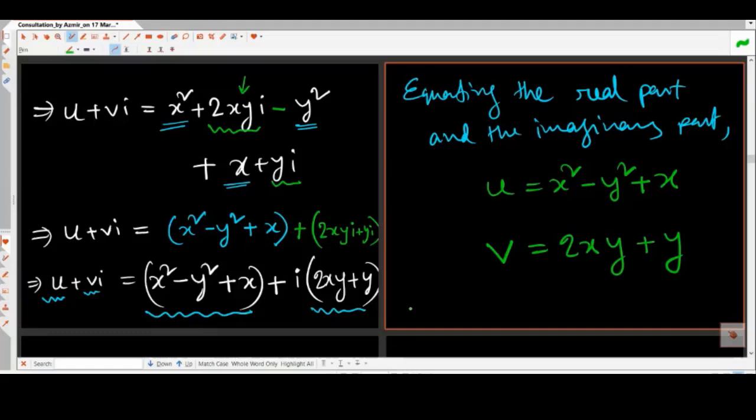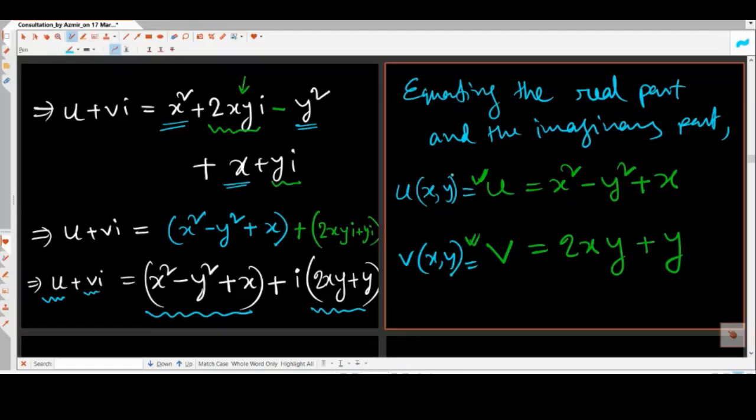Whenever we have a function f of z, we can find the real part of that function, which is u, and we can also find the imaginary part of that function, known as v. You can remember that u and v can also be written as u of x comma y, v of x comma y.